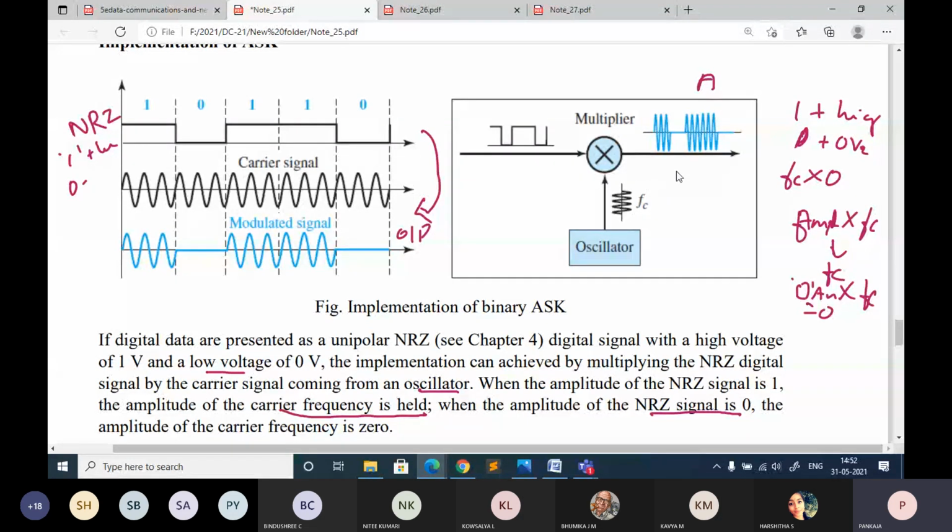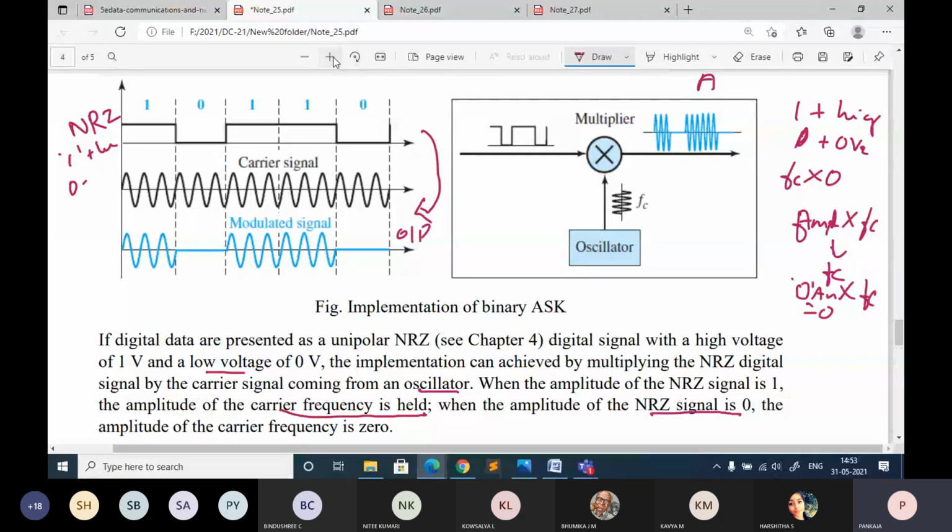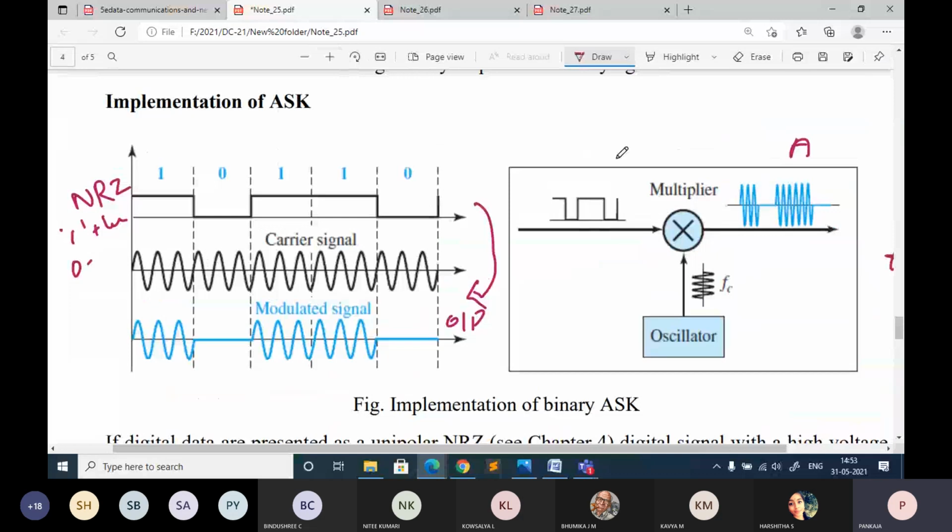Just take 1 minute and try to understand. If any queries, I will clarify. Just don't look at anything else, focus on the diagram. That's very, very important. Hopefully the diagrams are visible very clearly.